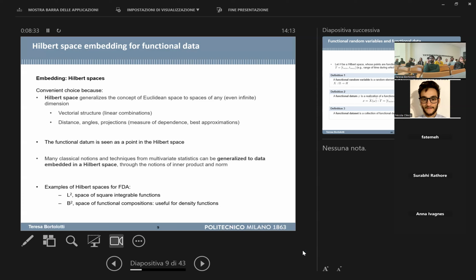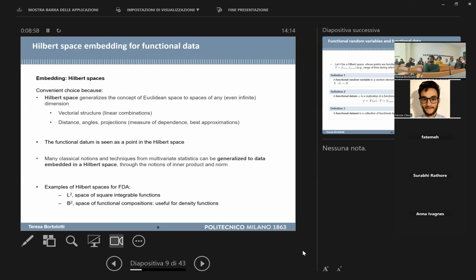If you ever study a little bit of statistics in this field, you will see that statisticians tend to produce methodologies in the general context of Hilbert spaces, but eventually they end up applying everything in the L2 space. So we typically work in the L2 space.